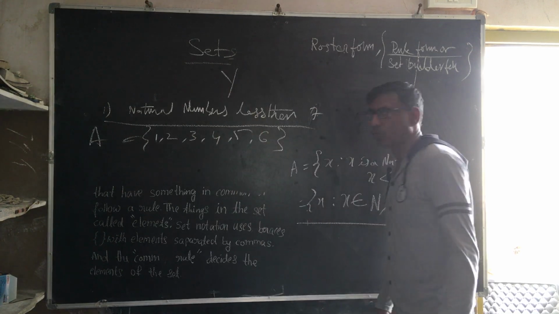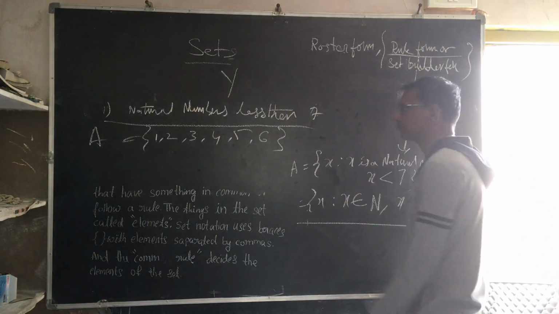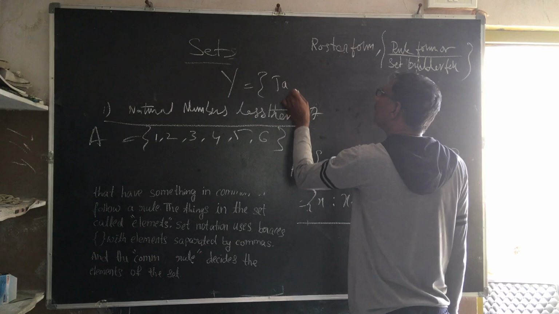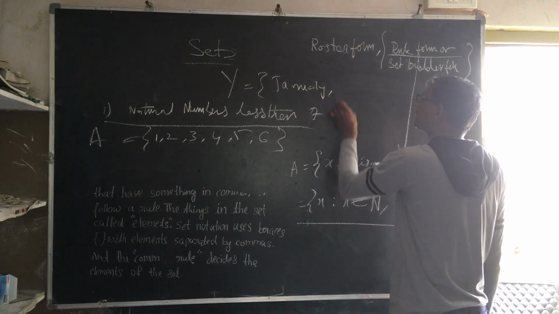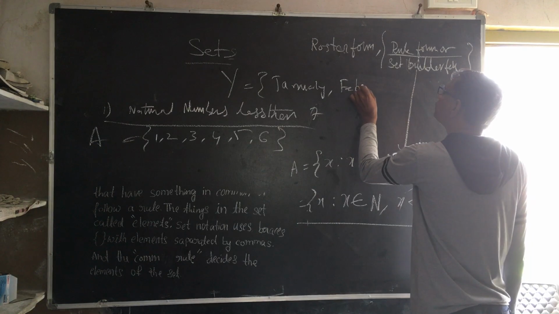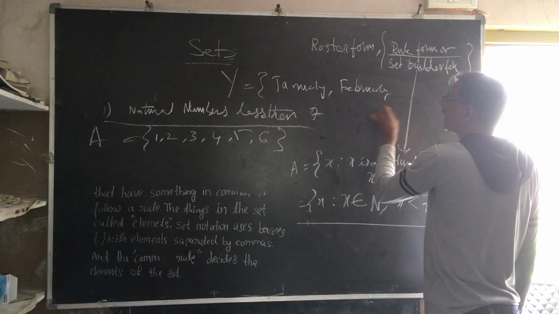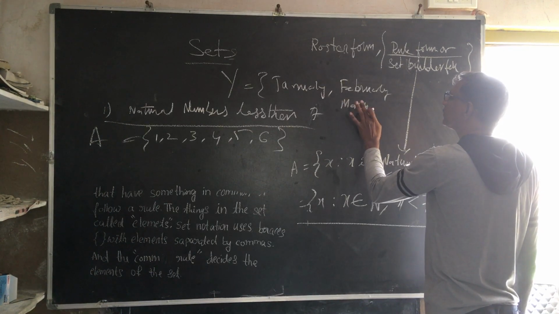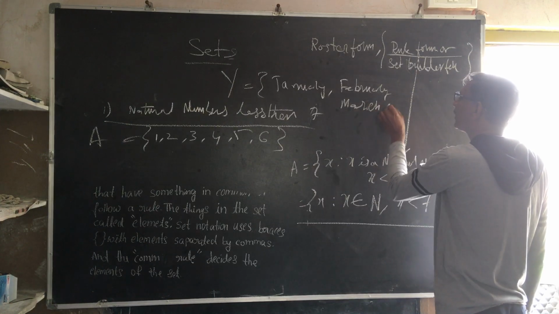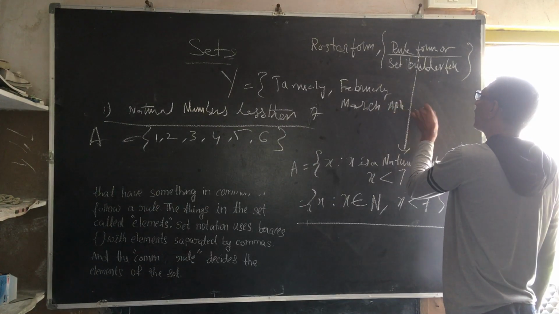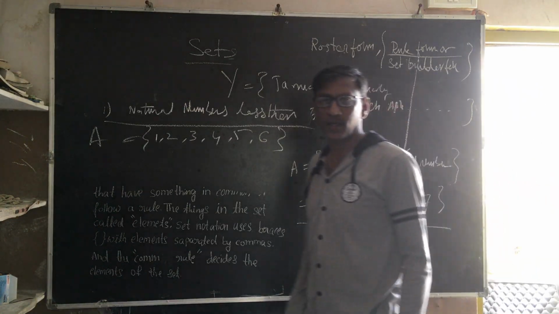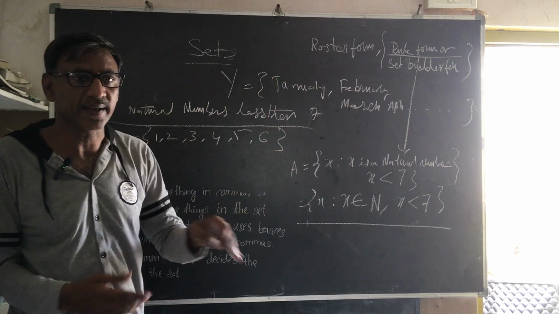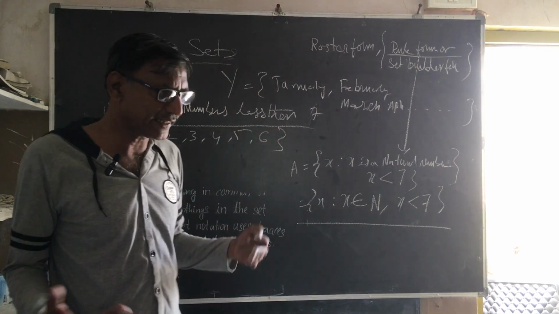I would use capital letter Y. Y is equal to the set: the first month is January, second one is February, the next one is March, April, dot. I list all the months in curly brackets, separated by commas.